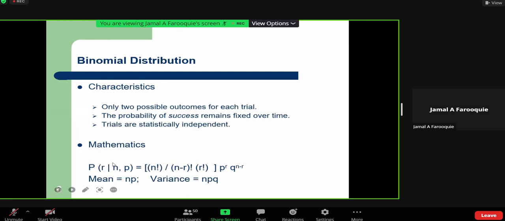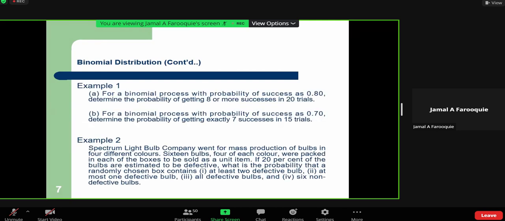For the first case, what is R, what is N, what is P? N is 16.